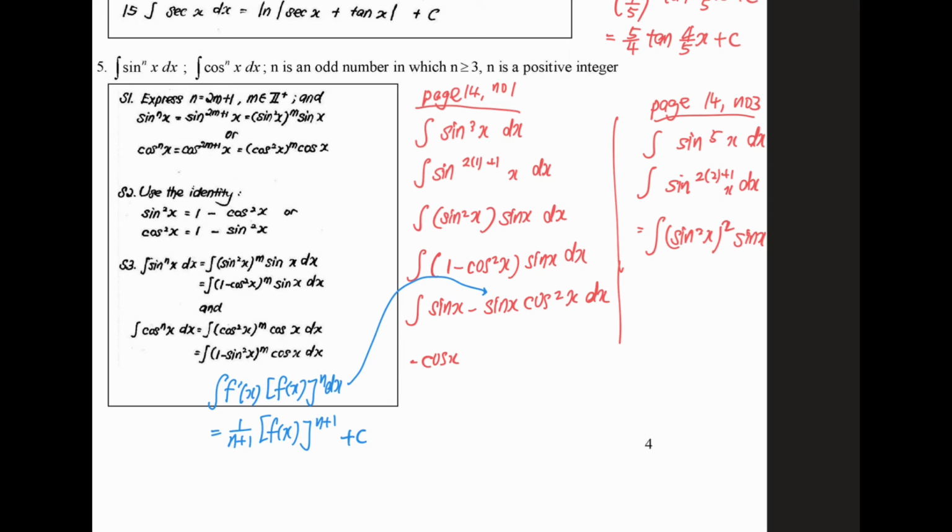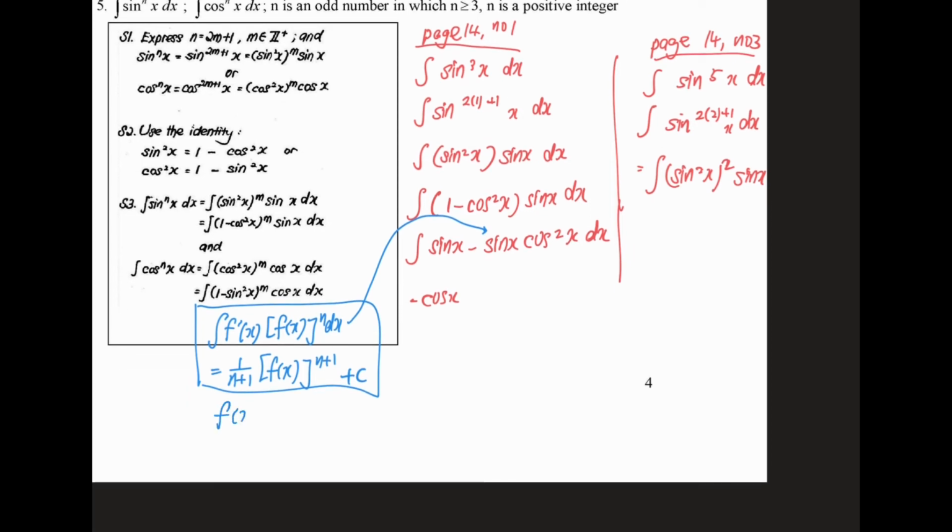Now I know that f x is my cos x, and f prime of x is negative sine x. So my f prime of x includes the negative.